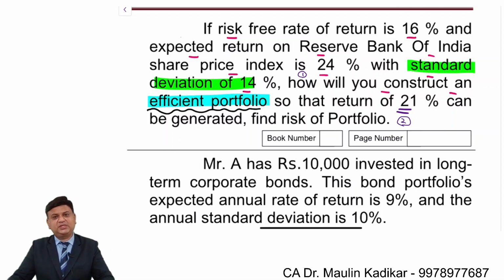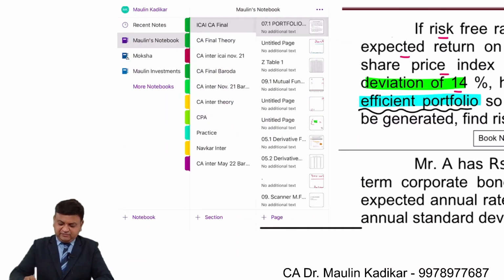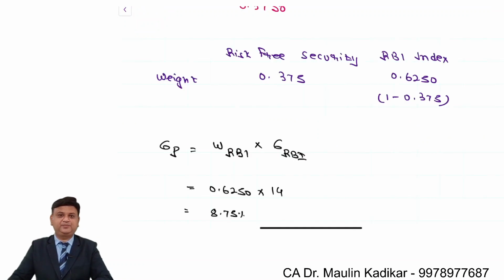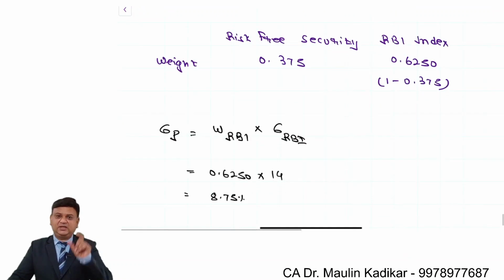As far as this question is concerned, since no other information is given, we can fairly assume that the portfolio given in the example, the Reserve Bank of India share price index itself, is the best portfolio, and accordingly we provide the answer. This is the meaning of the technical term efficient portfolio.